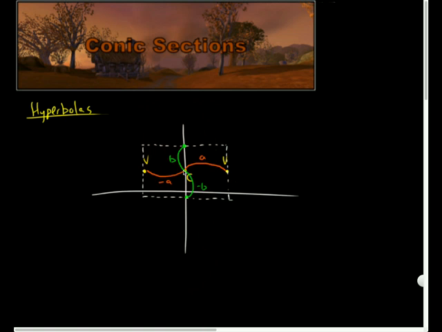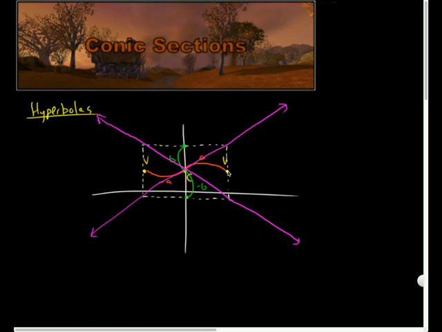So if I draw the line segments through the endpoints of this box, these are going to be two diagonal asymptotes for our hyperbola. These are actually not part of the graph, but they will be used to create the graph.